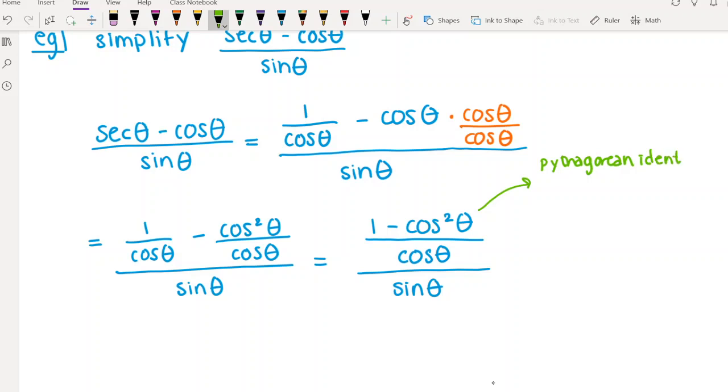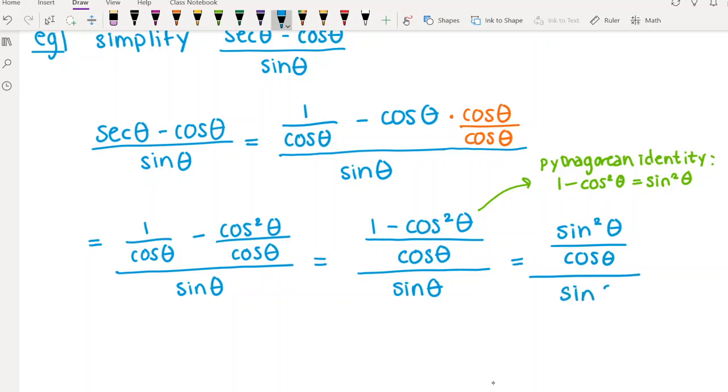Because sine squared plus cosine squared is equal to 1, that means that 1 minus cosine squared is equal to sine squared. So that comes from the fact that cosine squared plus sine squared is equal to 1. And so that allows us to rewrite this as sine squared of theta over cosine of theta over sine of theta.